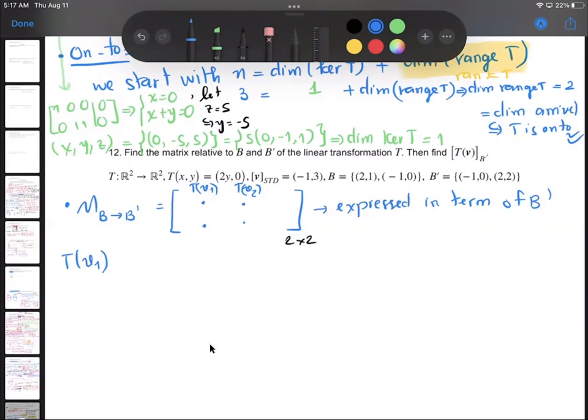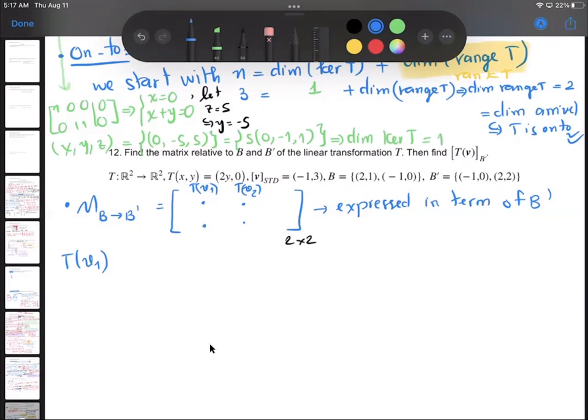We're going to express it in terms of B prime, so let's do the B prime first. It equals C1 times (negative 1, 0) plus C2 times (0, 2).